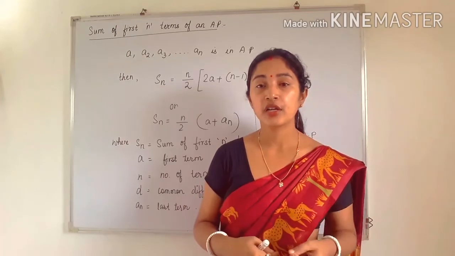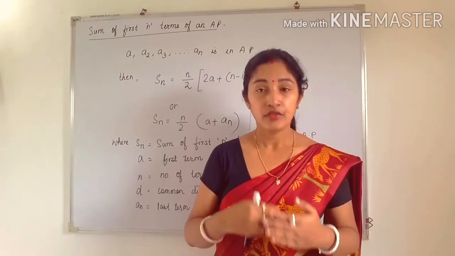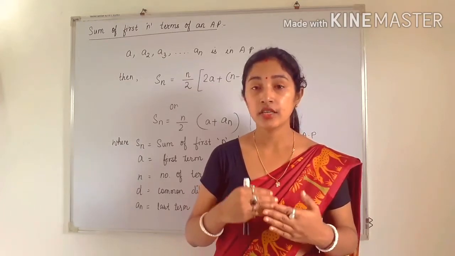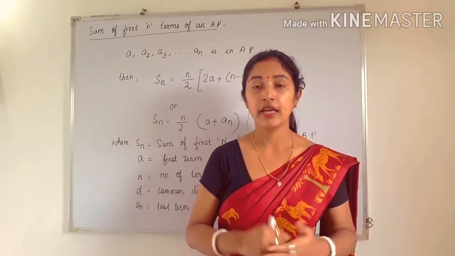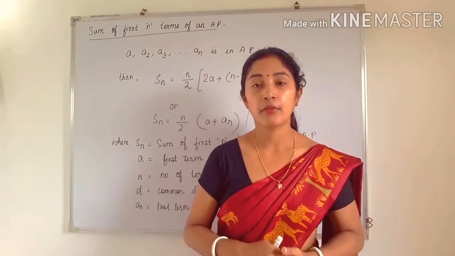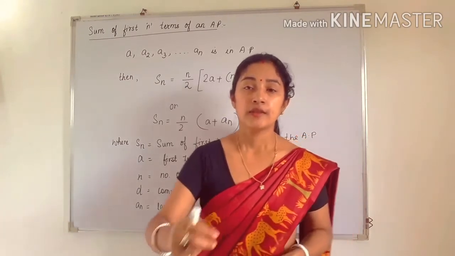So there is a special formula. If the sequence follows the natural number pattern, then we can easily find the sum by using a direct formula. Okay, so there is a special case.